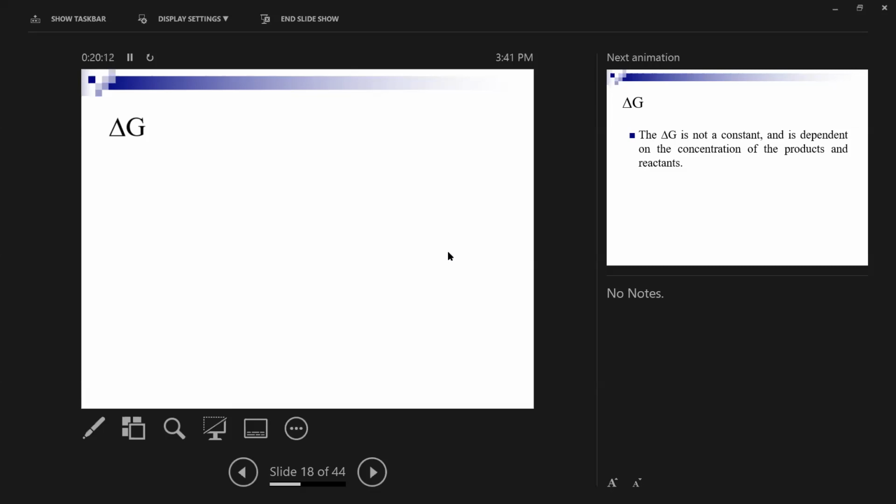No, it's going to be on chapter 13, just the part we've covered. Okay, quiz Friday over chapter 13, just the part we've covered.